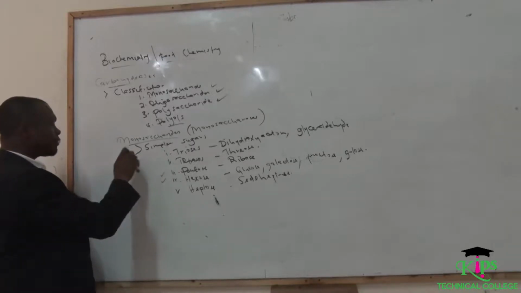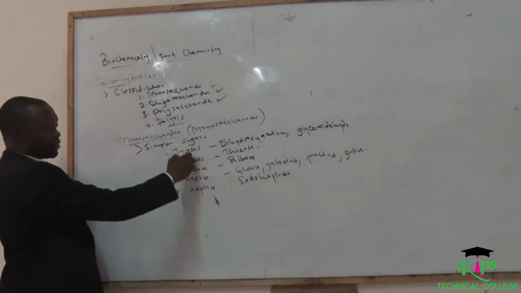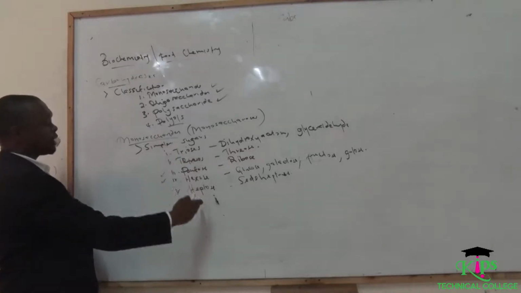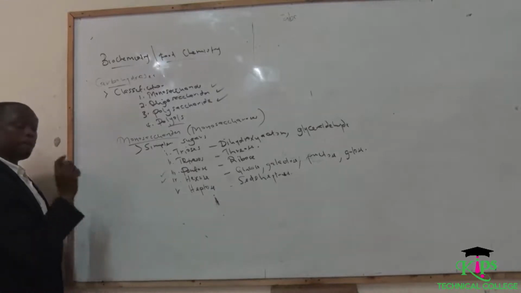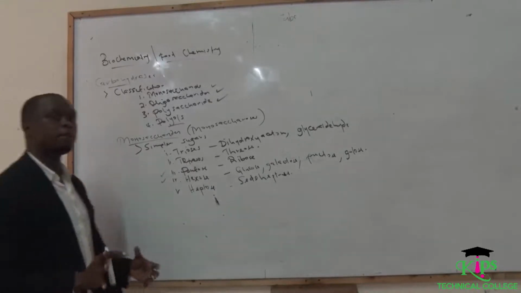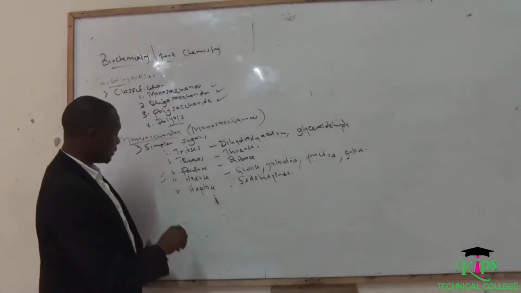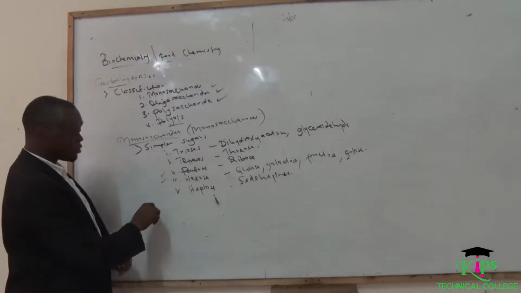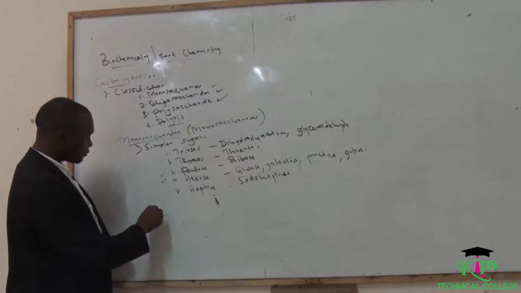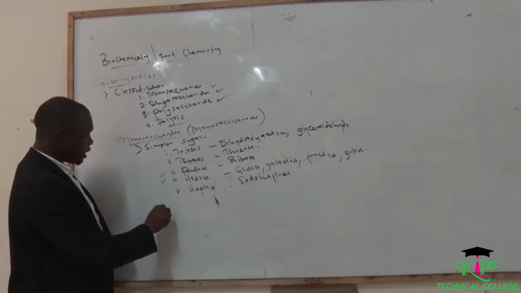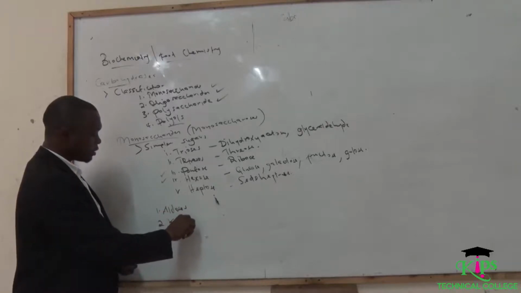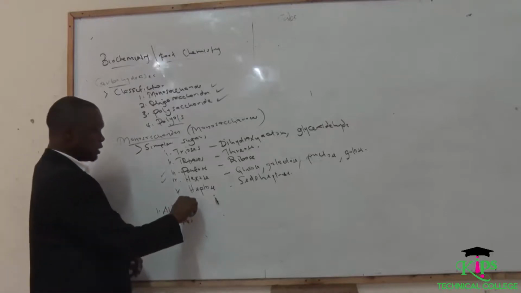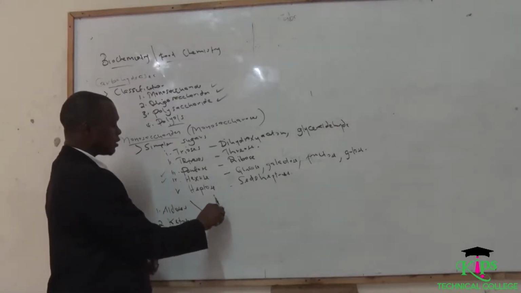Now, monosaccharides, apart from being classified based on the number of carbon atoms that they have, can also be classified based on the position occupied by the carbonyl carbon. So we are going to have aldoses and ketoses.